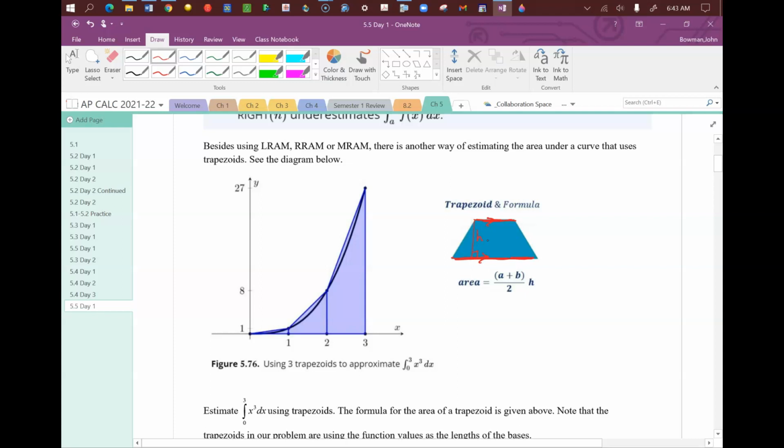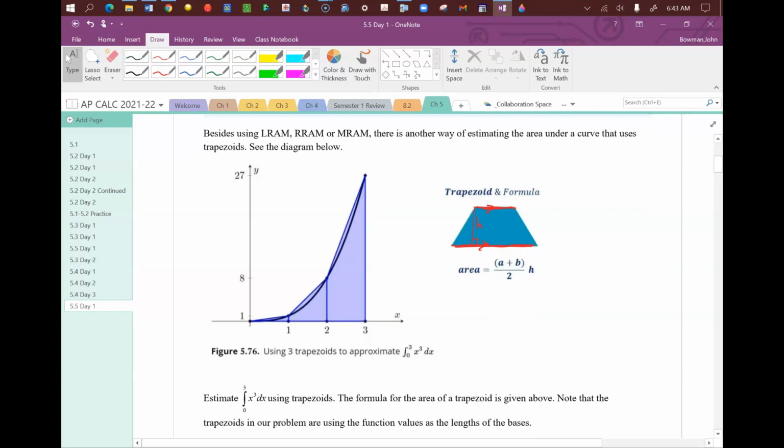So as an example here, we are going to use 3 trapezoids to approximate the integral from 0 to 3 of x cubed dx. So just to be clear, our trapezoids are formed by these vertical segments at x equal 1, 2, 3, and you could say there's a segment at 0. We'll talk about that in a moment. The heights are going to be the distances between those.